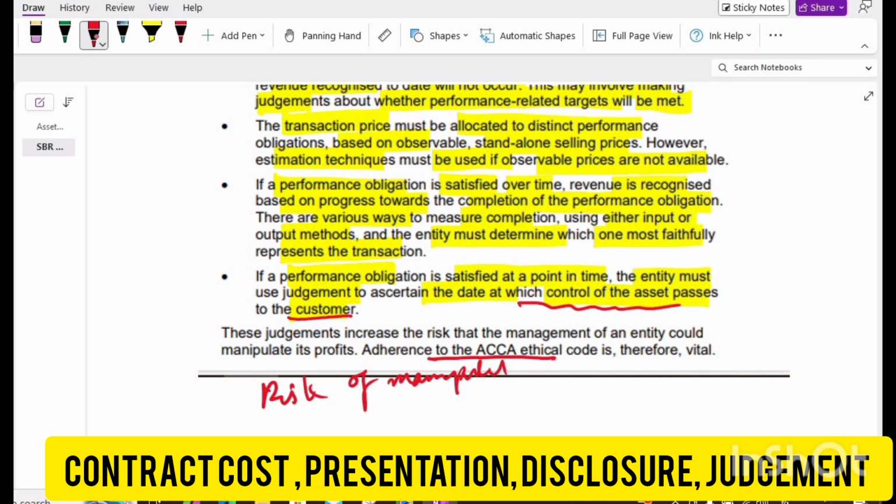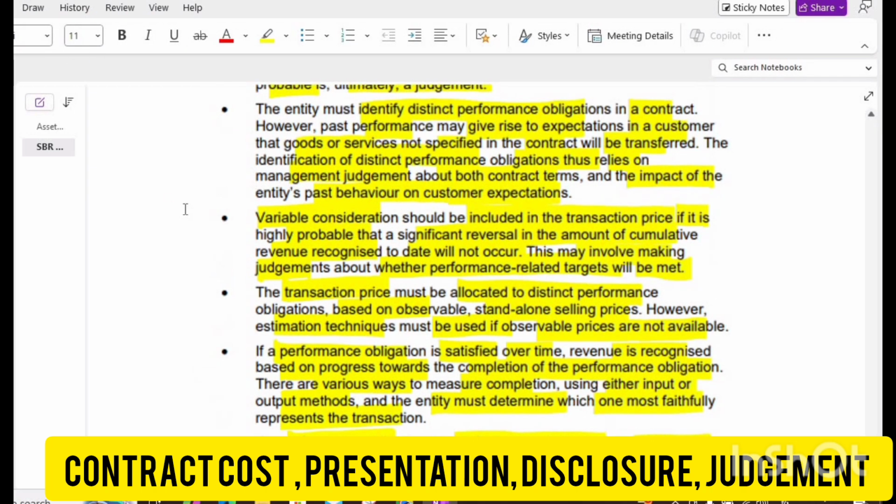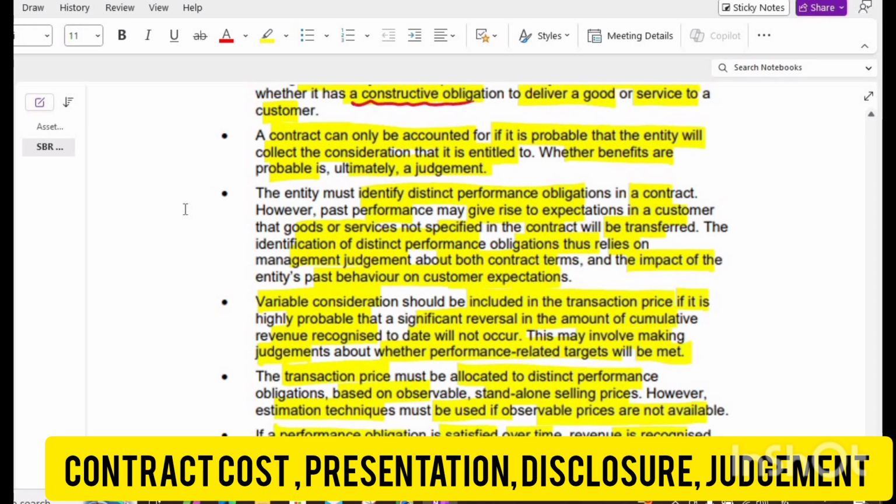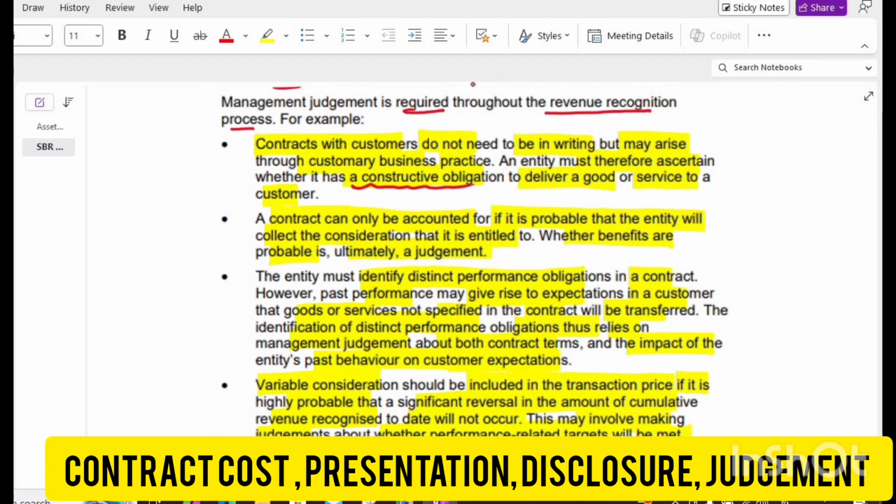So, in summary, we have discussed the key judgments in revenue recognition one by one. Clear? We discussed the obligation to deliver, based on the contract or the business practice. This is your obligation to deliver judgment. Then we discussed collecting payment.